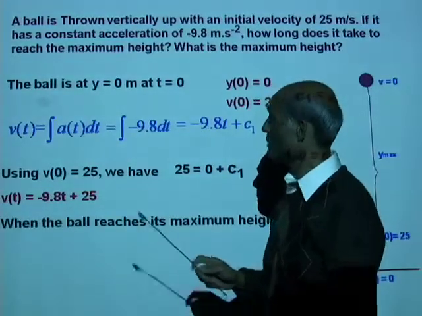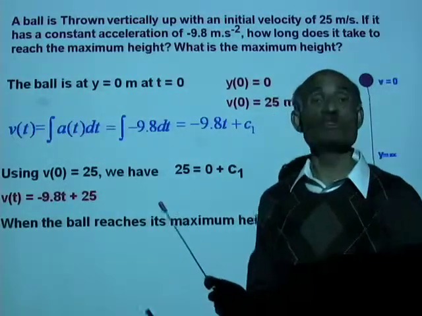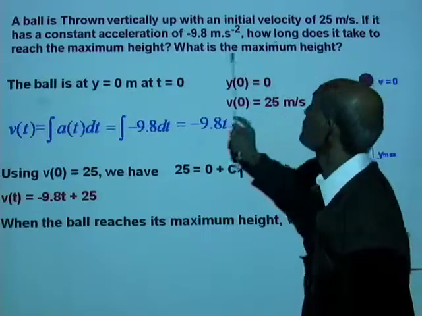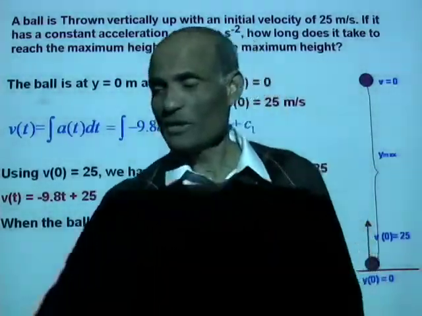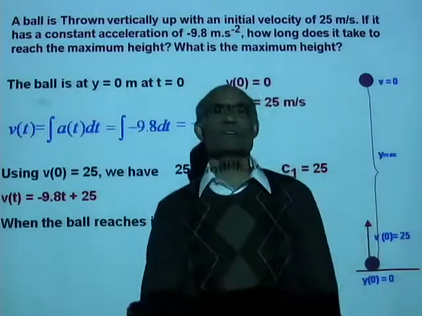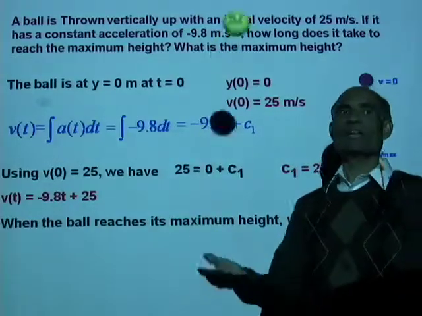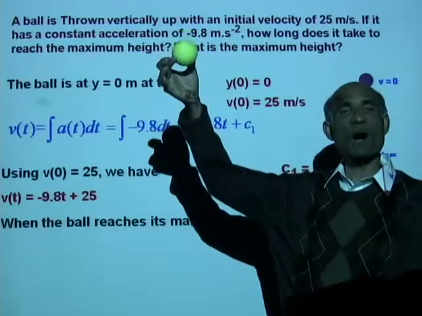Now, if you integrate the velocity function, you can get the position function. All right? Well, before we do that, in this question, we need to find how long does it take to reach the maximum height. Now tell me, if you throw a ball up with a certain velocity, when it reaches the maximum height, it stops.